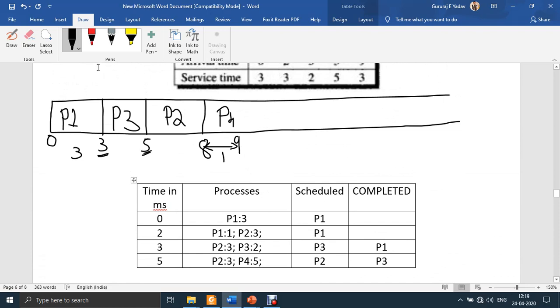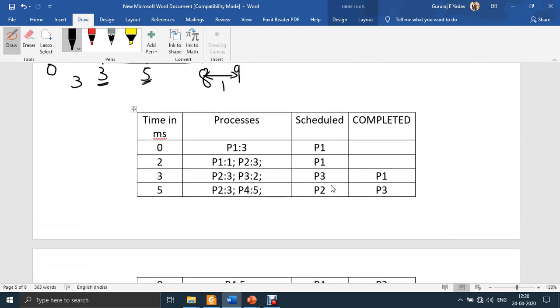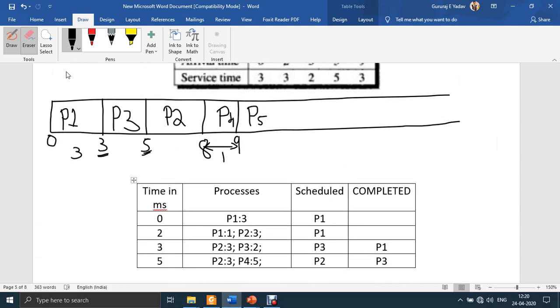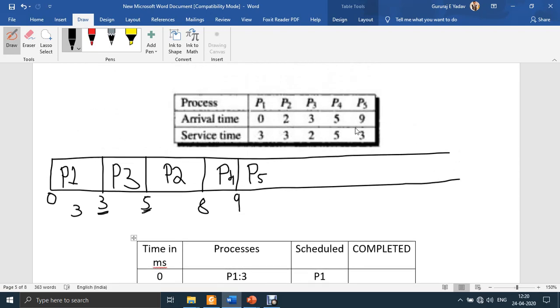So at time interval 9, you have to give the chance to P5 to execute. How long will you give the time for P5 to execute? That depends on either when a new process arrives or when the process completes.